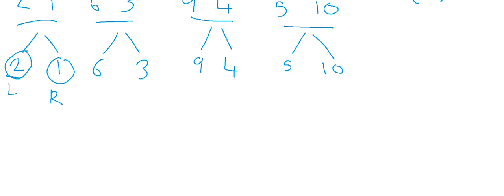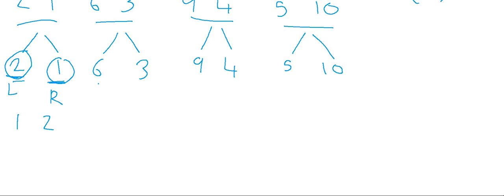And the logic that we are going to use for merging is we'll check if this element is less than 2, then we'll create a list where we'll add 1 and then we'll add 2. So now we have a list which contains, or array which contains 1 and 2.